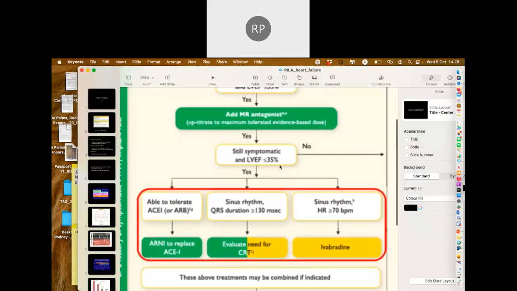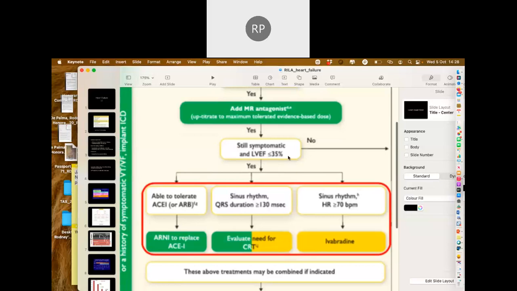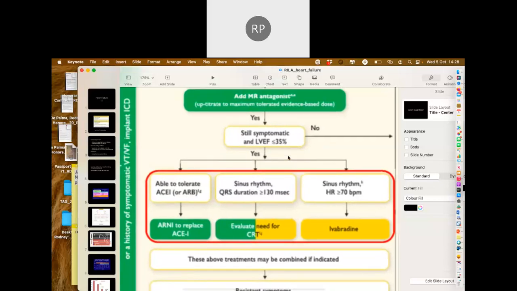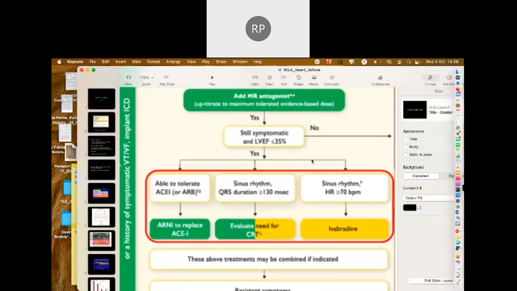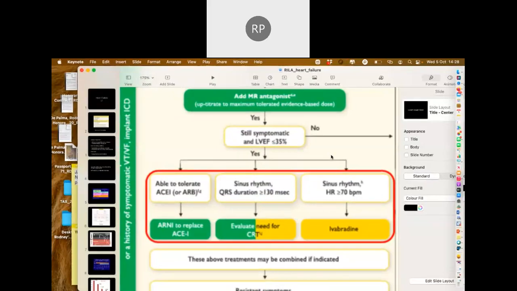Now, if you're still symptomatic despite those therapies, and your left ventricular function hasn't improved, then it's a question of looking at whether there are any reversible causes. And that would include whether the patient has got any symptoms suggestive of ischemic heart disease, in which case they would need to have some form of imaging of the coronary circulation, either a CTCA or an invasive coronary angiogram.